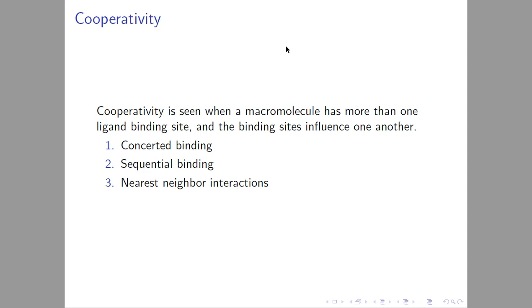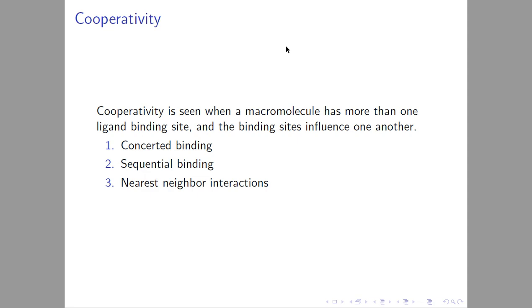If we have more than one binding site, how does it affect the cooperativity, or how the ligand attaches to these binding sites? Here we have concerted binding, sequential binding, and no interaction.